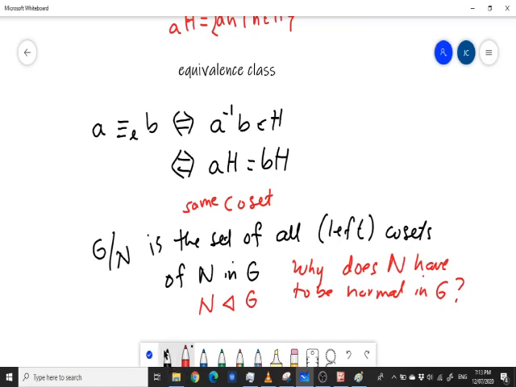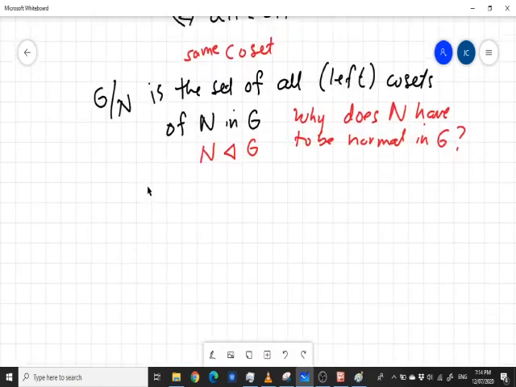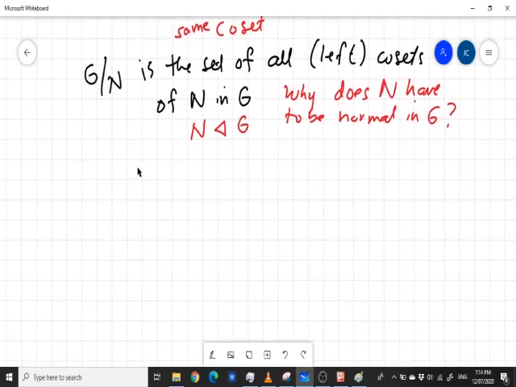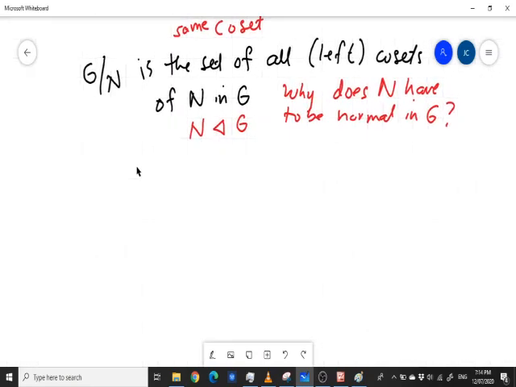Okay, so G mod n is the collection of all those cosets. Just the distinct ones. Para dili magpalik-balik, walang paulit-ulit, walang duplicates. No duplicates. Okay? And then, what is the operation defined here?